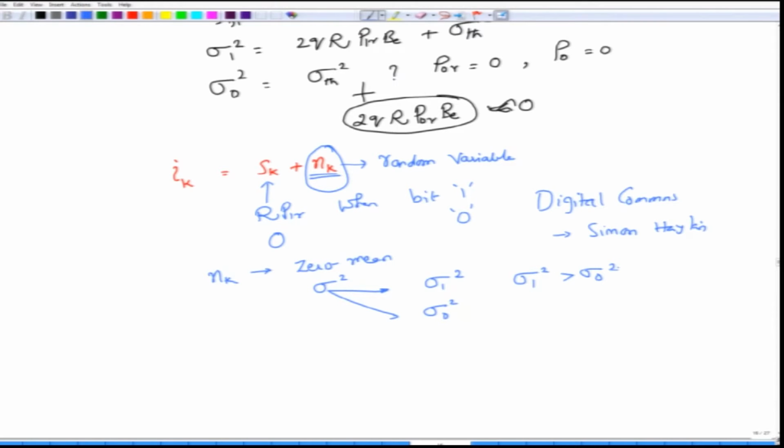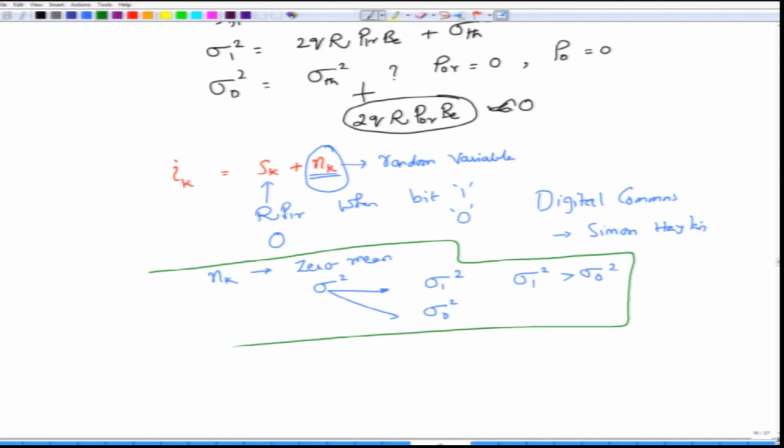Now, this kind of a behavior is not at all seen for a radio receiver. In the radio receiver the noise will be 0 mean, which is perfectly fine, but whether you transmit bit 0 or bit 1, the variance will always be the same. So, the variance will be equal to each other for a radio receiver. Okay.